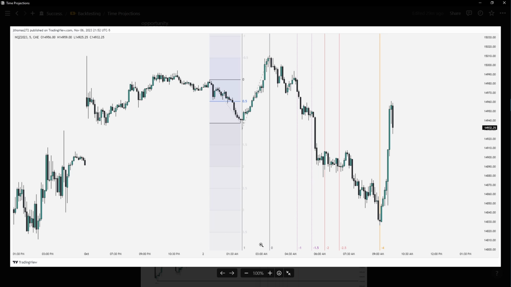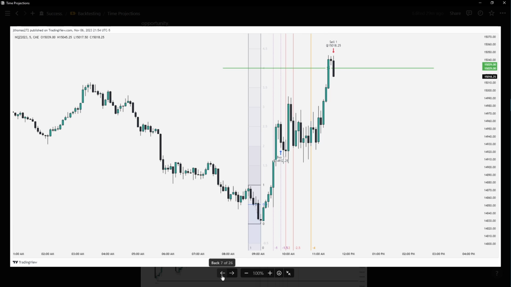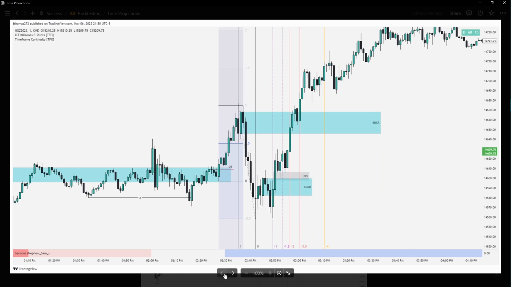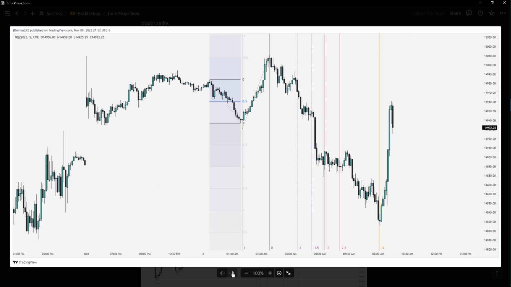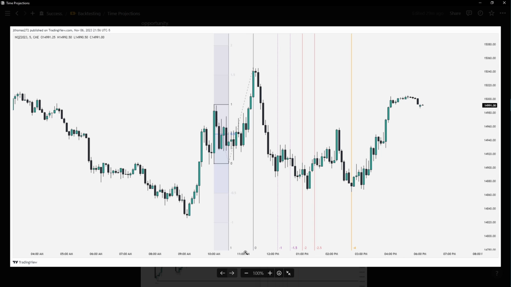So this is London into New York, things like that. But I've seen it work mostly on the 1 to 5. I don't know about 15 or hourly, anything like that. This is what I've seen work. But you still get an entry point, low form, another low, taking out internal range liquidity, right at -4.